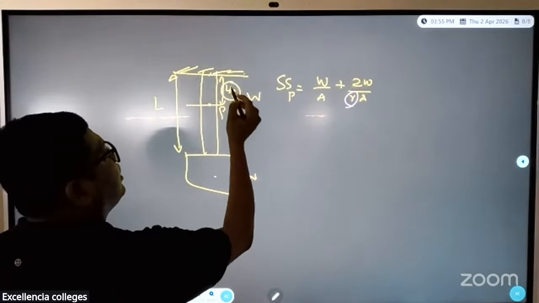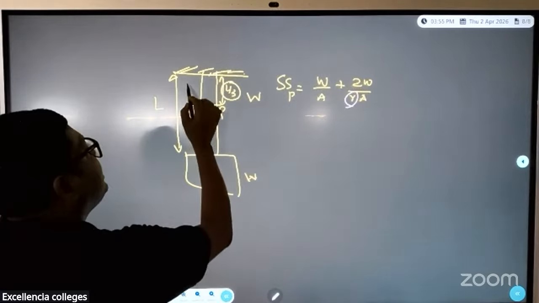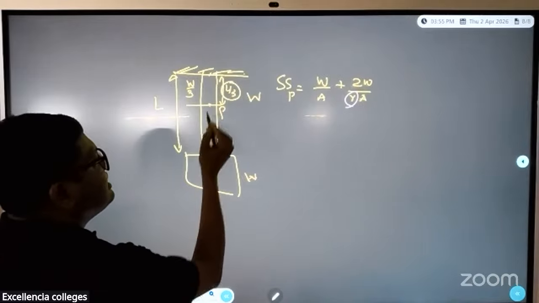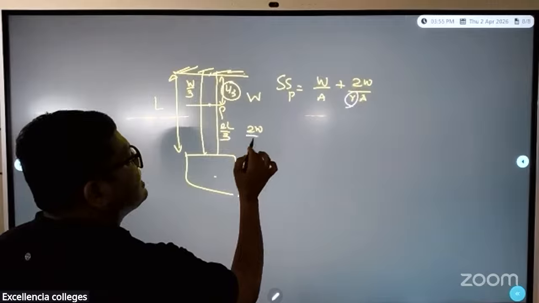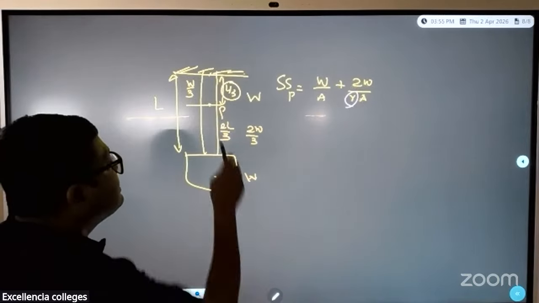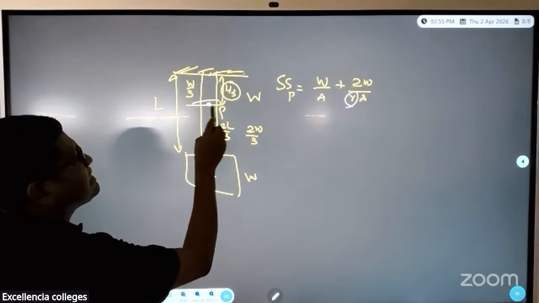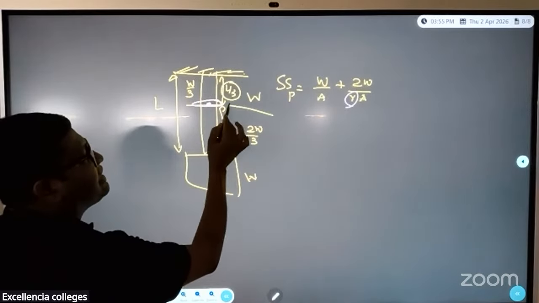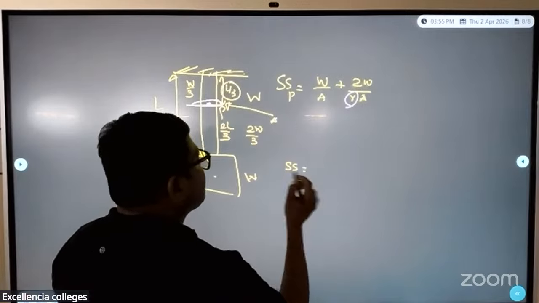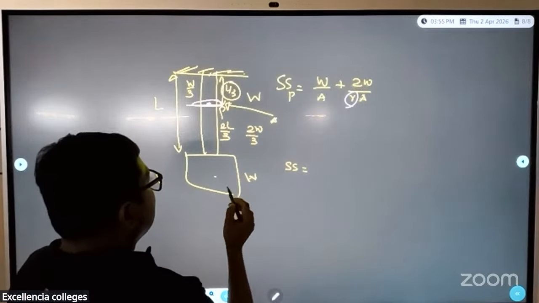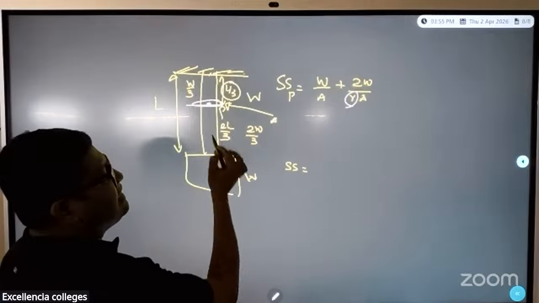This is 1/3 length of the string. It holds W by 3. This is 2/3 length of the string. So this will hold 2W by 3. Since you are looking for the stress at this point, where the area of cross section is A, the stress is written as force by area. So this is one load, this is another load.